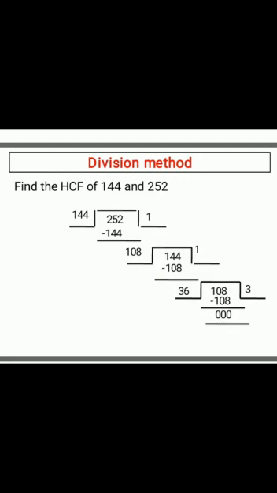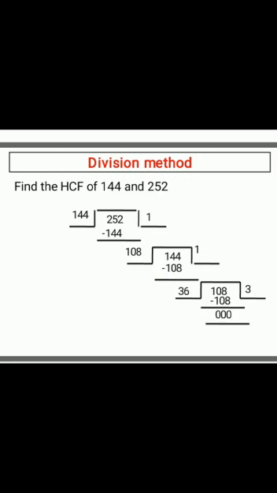Again your previous divisor was 108 and your remainder is 36. So again you are going to divide 108 by 36. So 36 3s are 108. So subtracting 108 from 108, your remainder is 0.